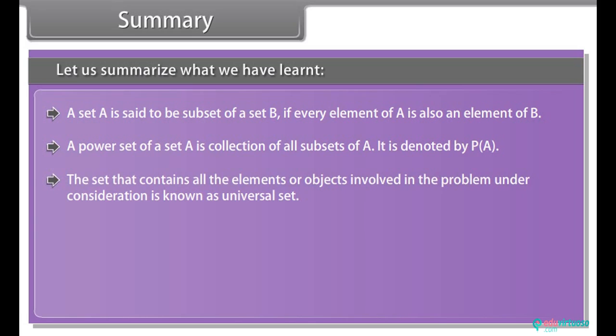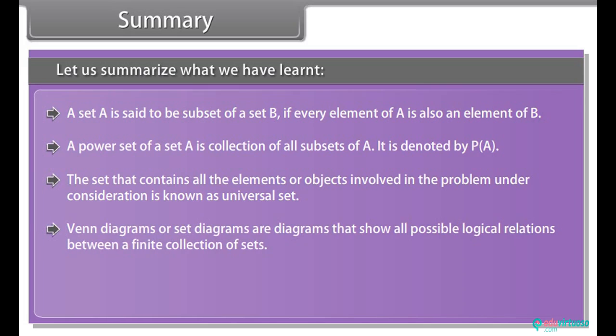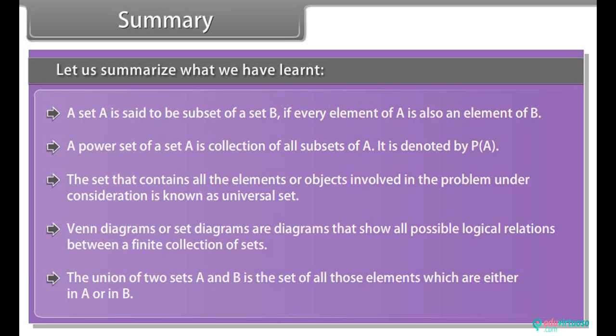The set that contains all the elements or objects involved in the problem under consideration is known as universal set. Venn diagrams or set diagrams are diagrams that show all possible logical relations between a finite collection of sets. The union of two sets A and B is the set of all those elements which are either in A or in B.